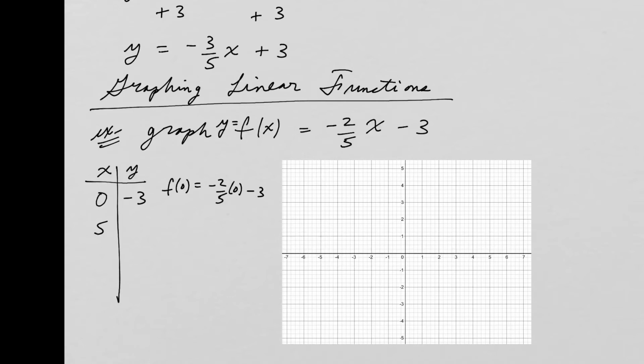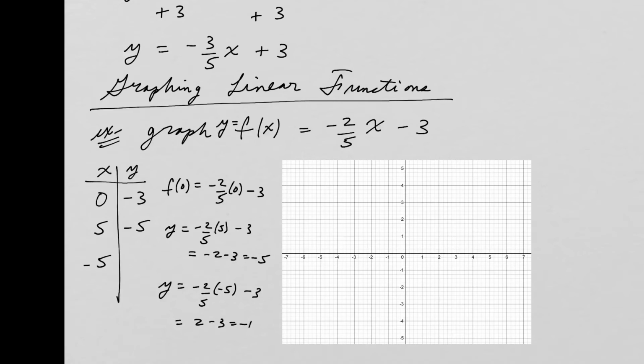So y is equal to negative 2/5 times 5, so the 5s will cancel, minus 3. That's going to give me negative 2 minus 3, which is negative 5. And maybe negative 5 as an input. So I have y equals negative 2/5 times negative 5 minus 3. The 5s will cancel again, so I have negative 2 times negative 1, which is positive 2, minus 3, so it's negative 1. So let's plot those points.